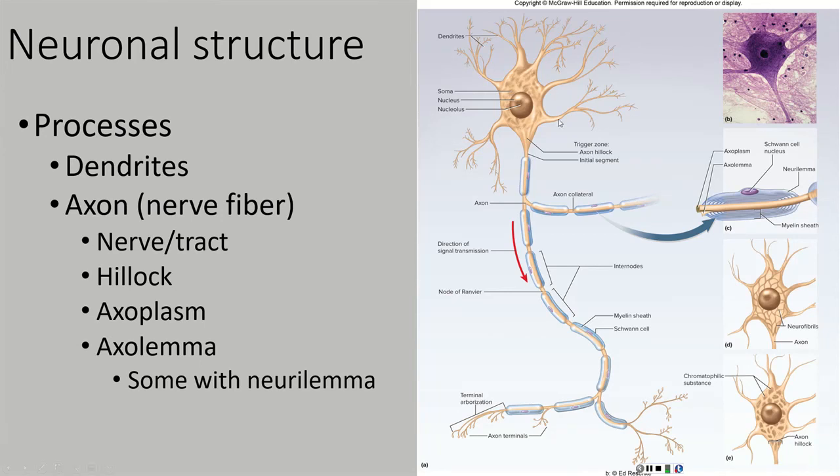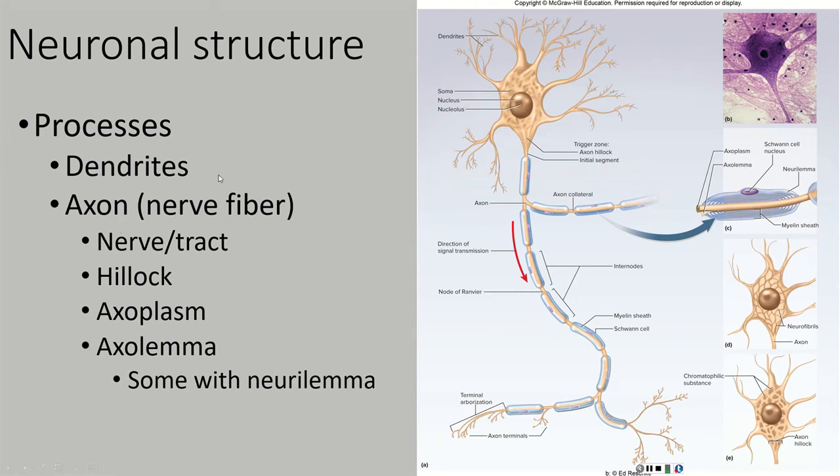There could be 100 dendrites, but one axon. There could be 10 dendrites, one axon. So we will say dendrites, there are lots of them. Axons, there is one of them. Although they do not have to have dendrites, and in special cases, they do not have to have an axon.